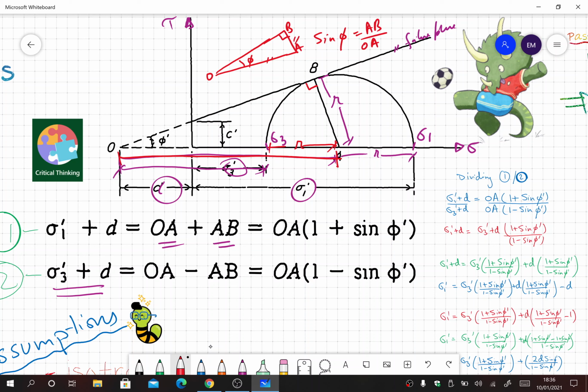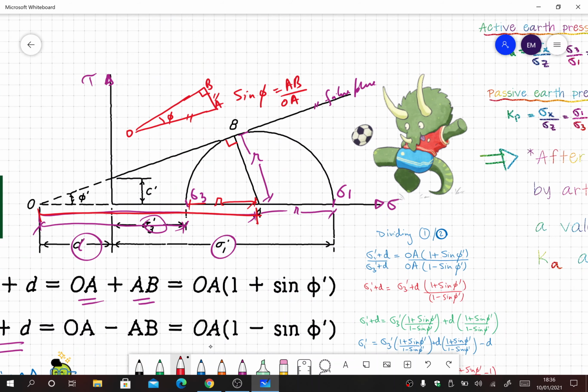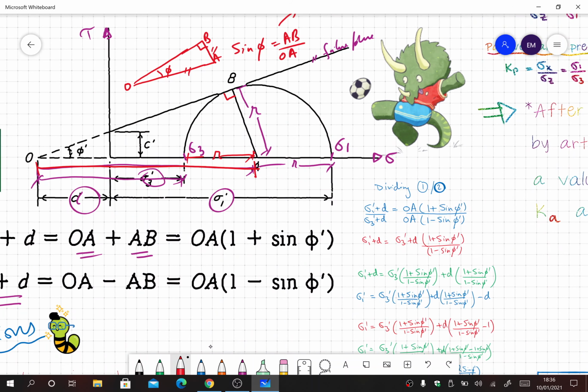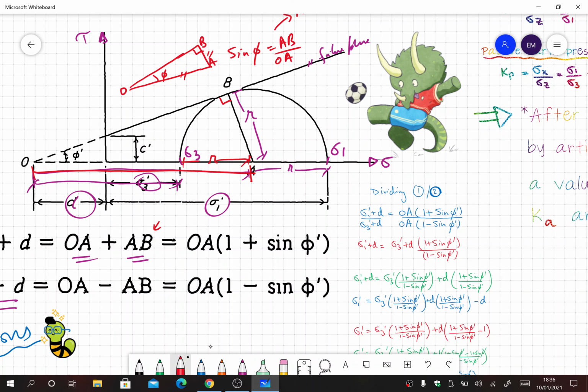So from here I can say that AB is equal to OA into sine of phi. That value has been plugged in here. Now taking the OA value common, we have OA into 1 plus sine phi and OA into 1 minus sine phi.